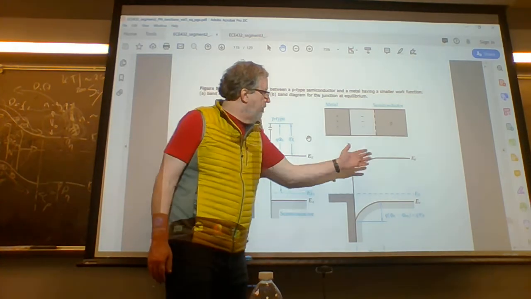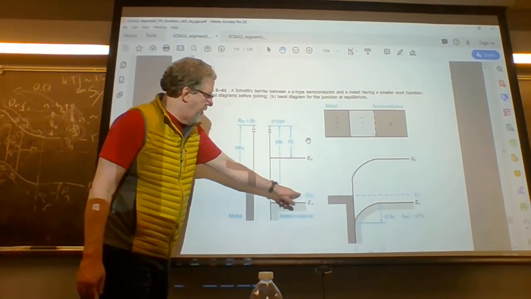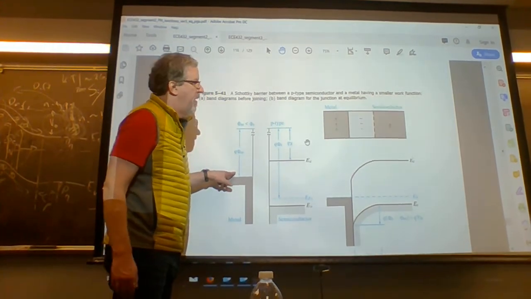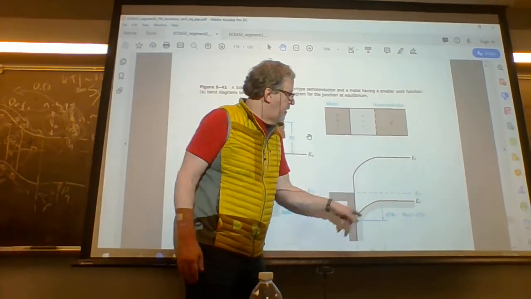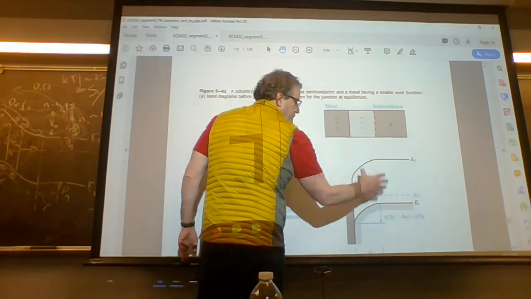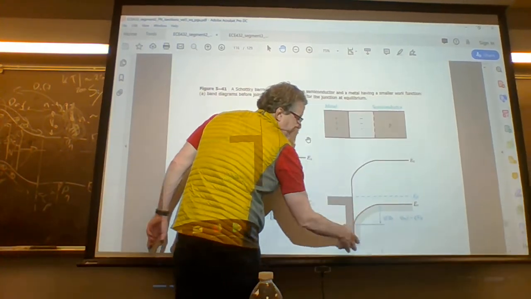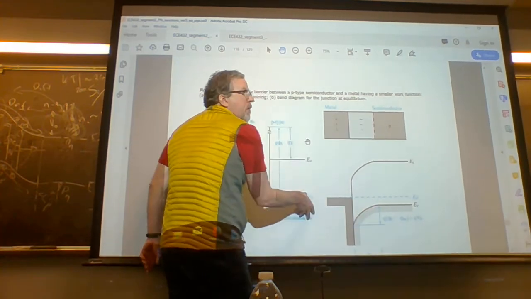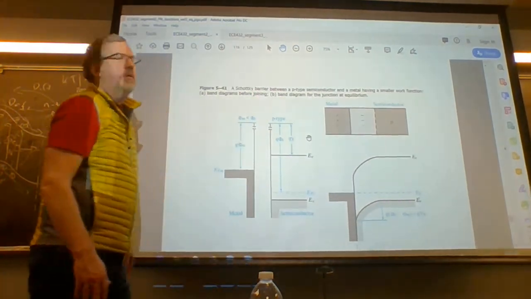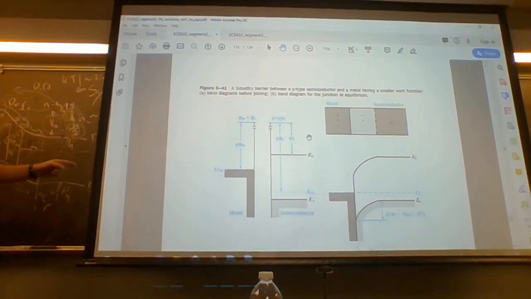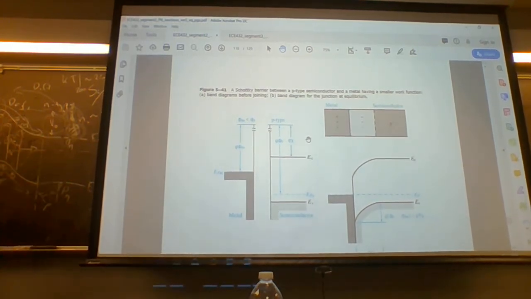And so you fashion it in this way where the Fermi level is very low for the semiconductor with respect to the metal, and it forms a depletion region. And this is P-type material, which means there's a predominance of holes here, and the holes have a barrier to come. So this rectifies the holes, and the other rectifies the electrons, but they both make a rectifying diode.